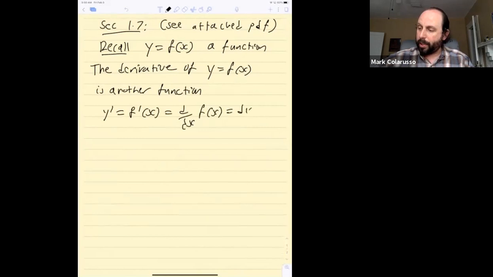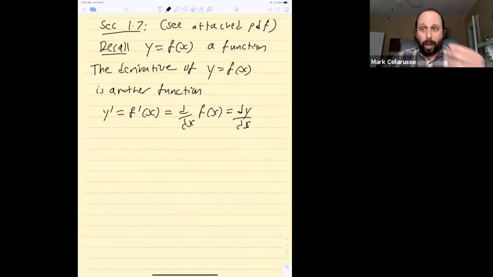Some people will also write this as dy/dx. It looks like a little quotient notation, and that's to contain the idea that this is like a slope at a given point, a slope to the curve at a given point.